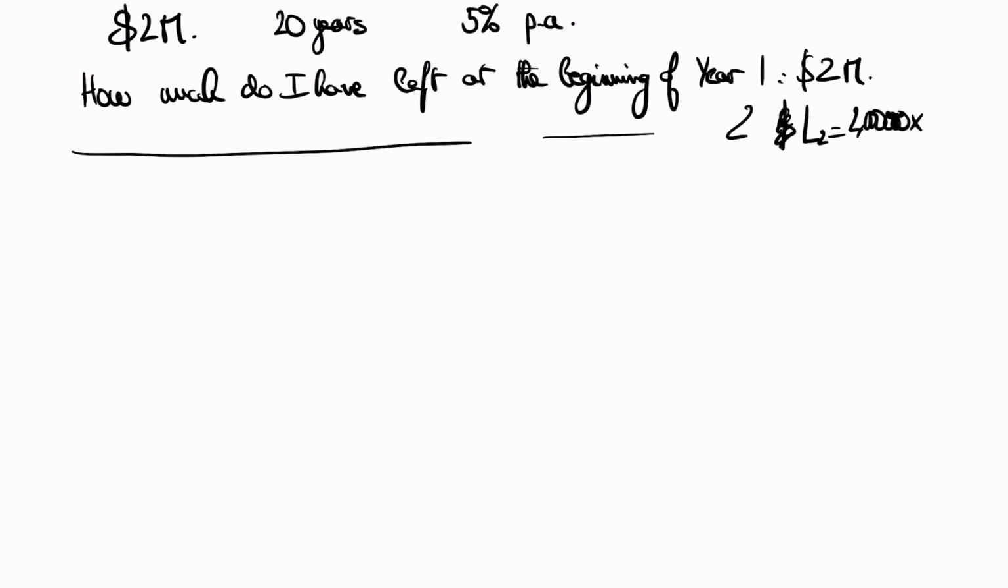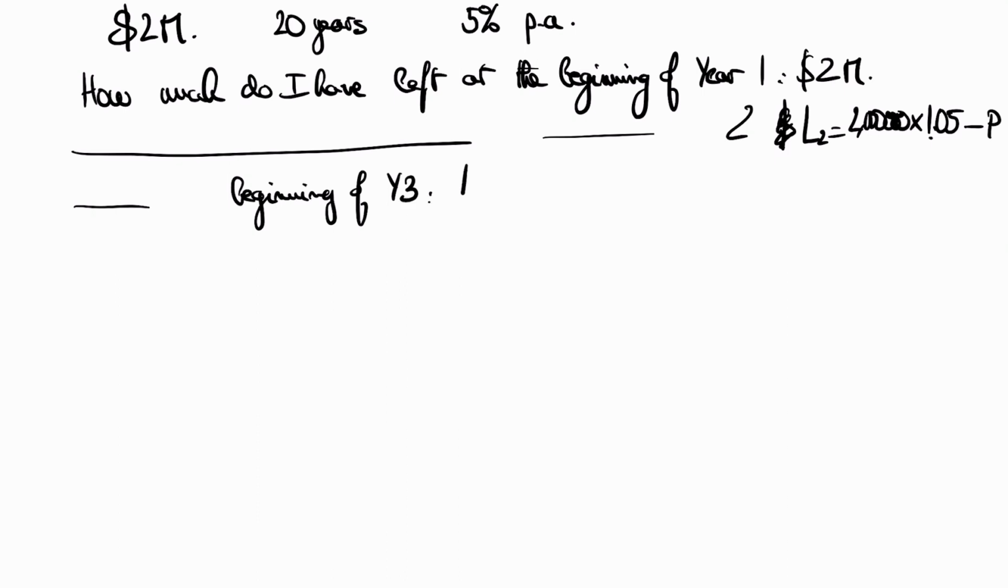Times, well, it has accumulated interest, so it's 1.05. And then minus the money that I took to enjoy my life. So L2 is 2 million times 1.05 minus P. How much do I have at the beginning of year 3?